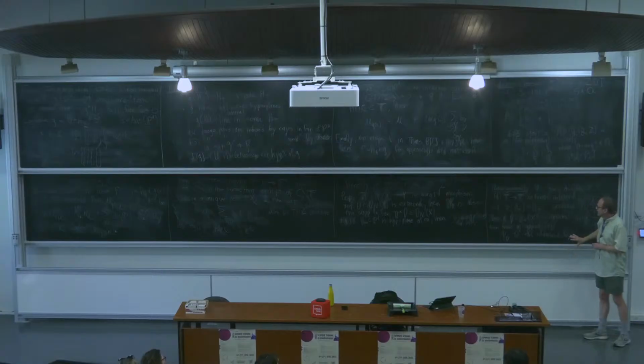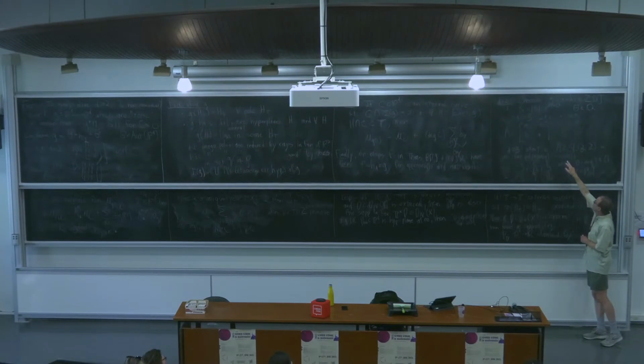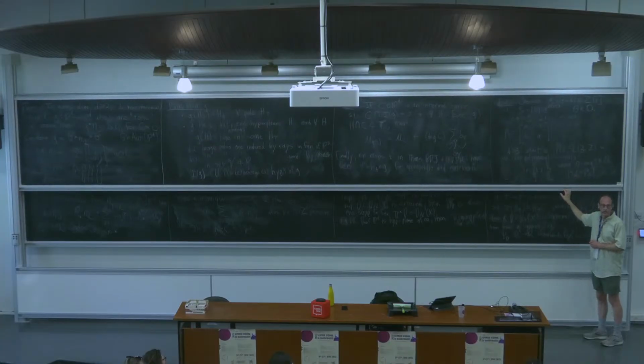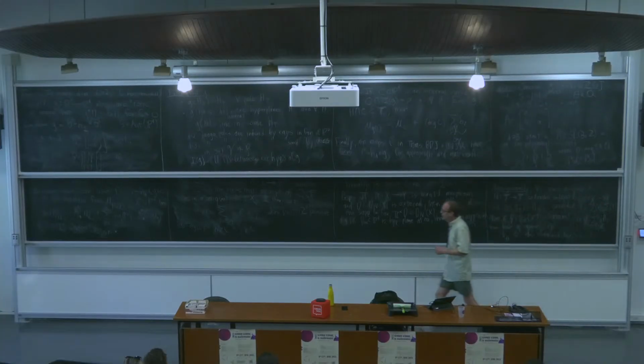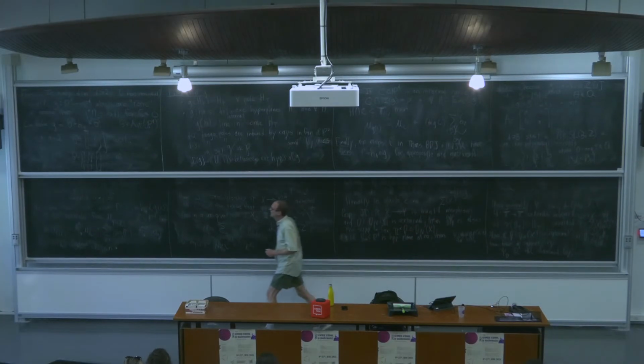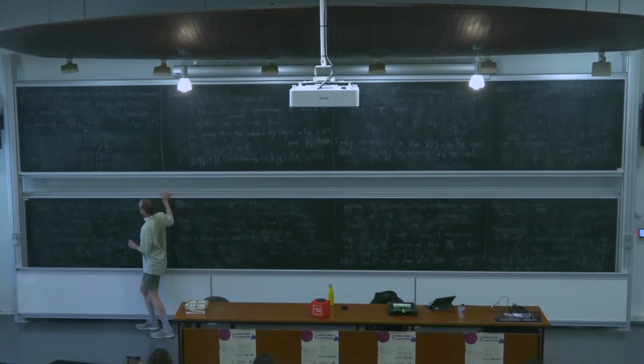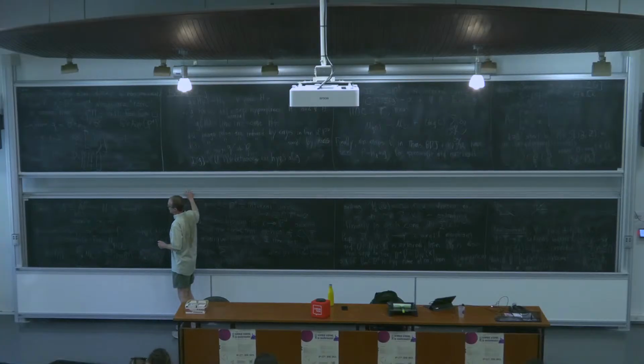But in higher dimensions, it doesn't work for the original matrix A tilde, or at least it's not clear whether it works. What is clear is that if you take a high power of A tilde, it will start working. So that explains the fact that I want to take a power of the original A tilde at this point.